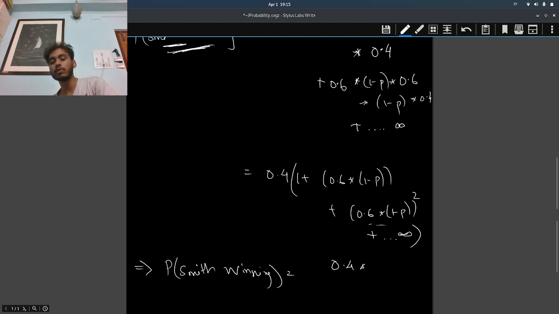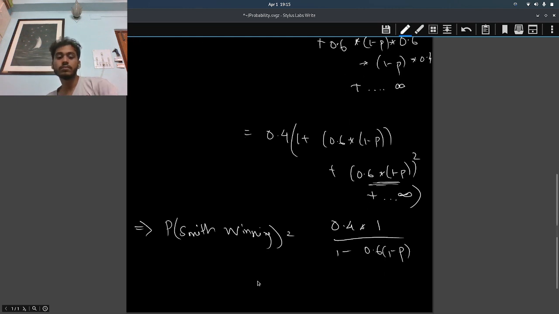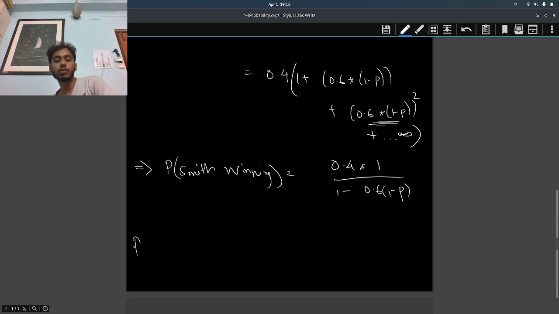If you see, this will form a GP, it's obvious, right, that some number of steps are repeated every time and then only Smith can hit. A by 1 minus R, if you remember the summation of an infinite GP. Okay, now let's find out P of Brown winning.